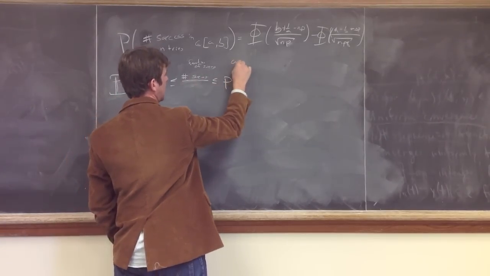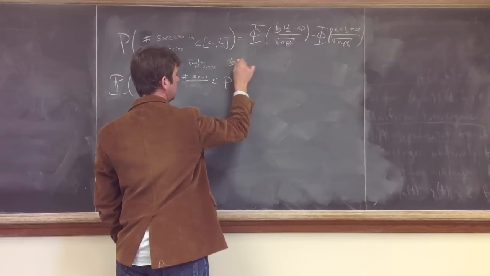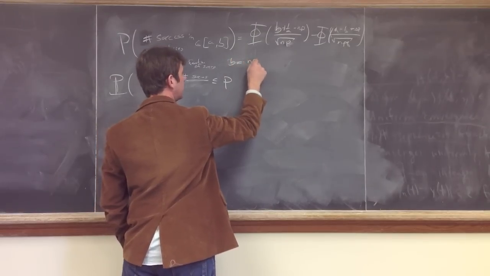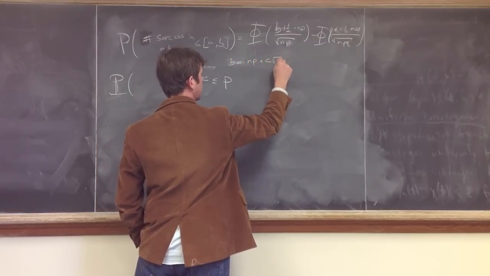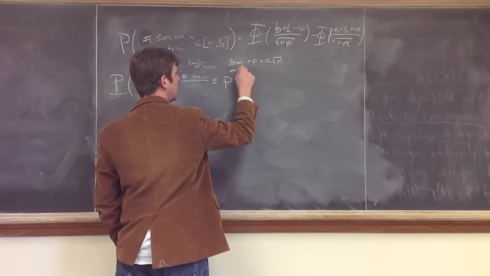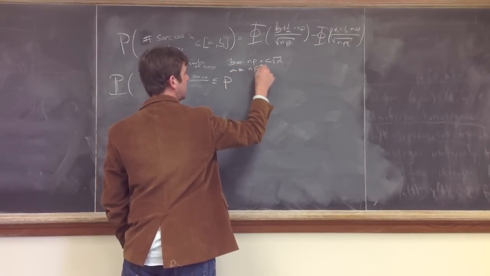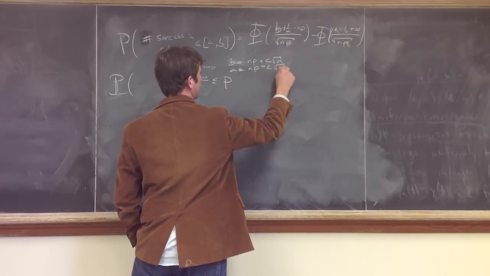Let's pick B equal to np plus a constant times square root of n, and A equal to np minus a constant times square root of n.